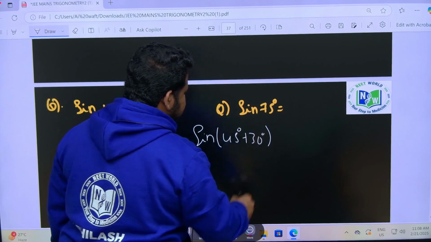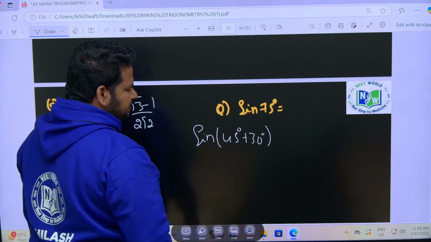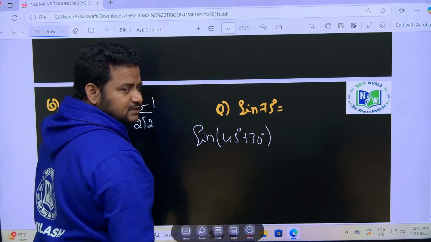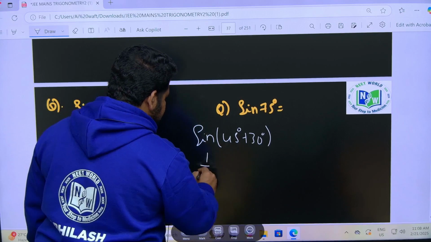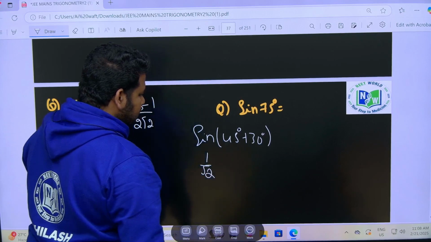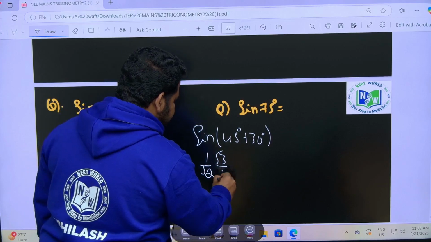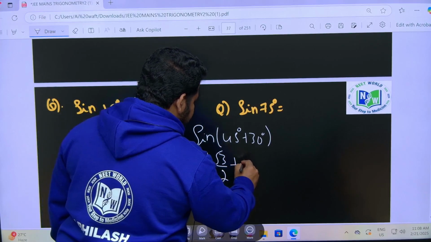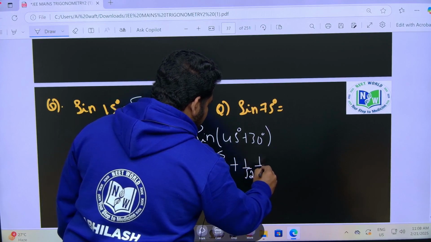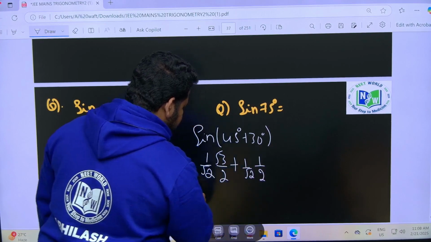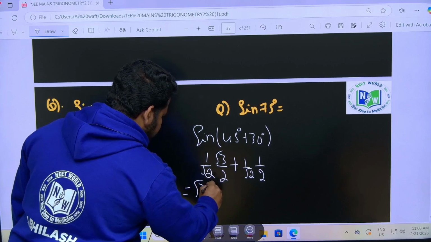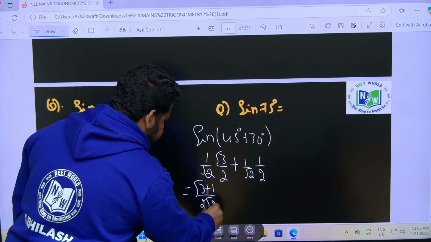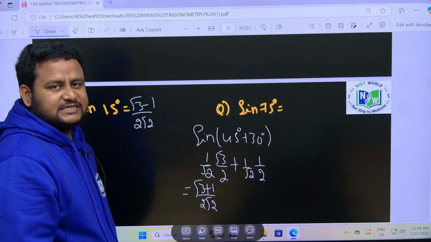Sin 45 plus 30 is sin A cos B plus cos A sin B. A is 45, B is 30. So, sin 45 is 1 by root 2, cos 30 is root 3 by 2, plus cos 45 is 1 by root 2 and sin 30 is 1 by 2. So, this will be root 3 plus 1 by 2 root 2, which is the value of sin 75, friends.